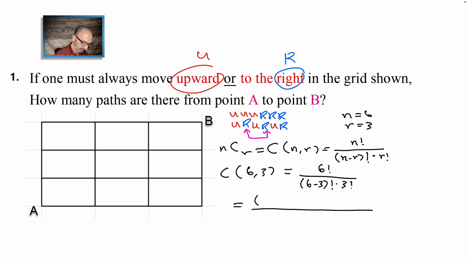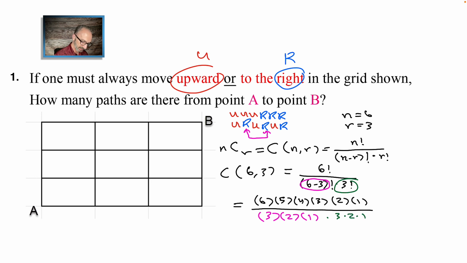Meaning the following. 6 factorial is 6 times 5 times 4 times 3 times 2 times 1. 6 minus 3 factorial, that's this one right here, is the same as 3 factorial, which is 3 times 2 times 1. And this right here is 3 factorial, which is 3 times 2 times 1.